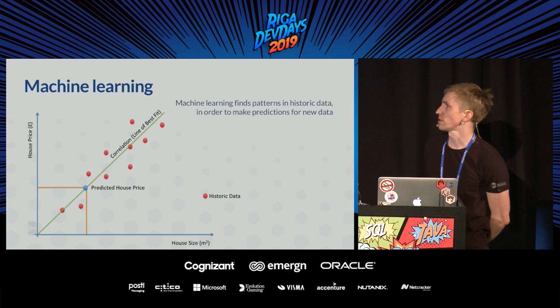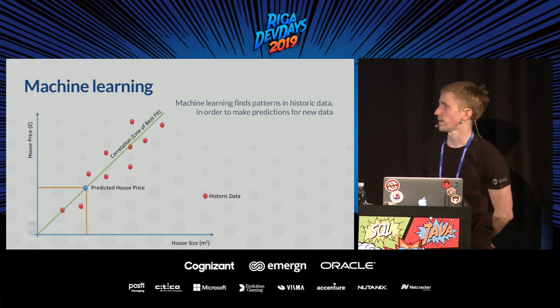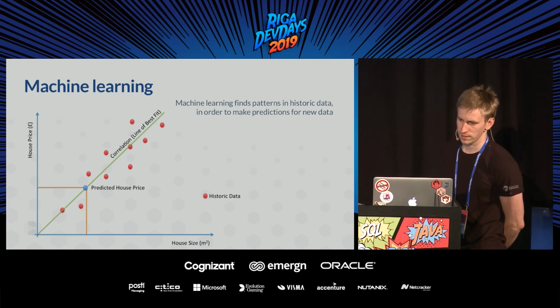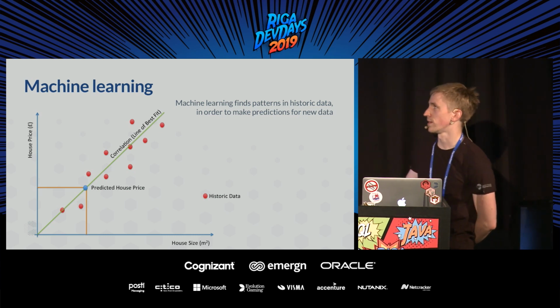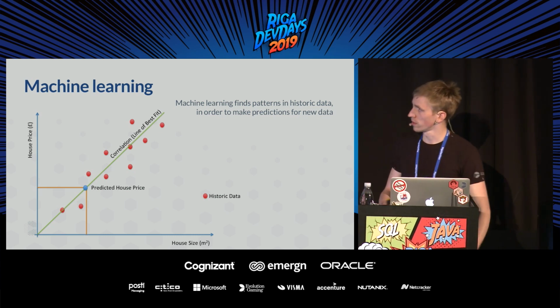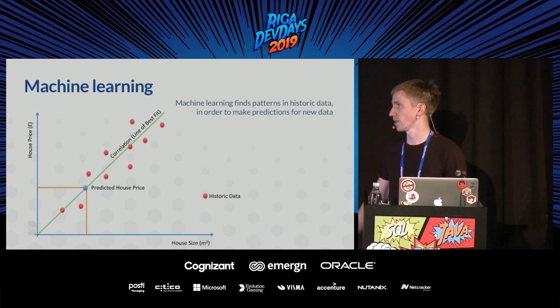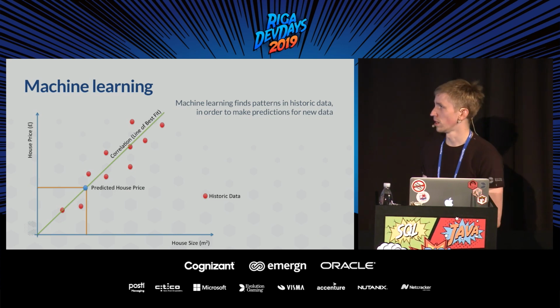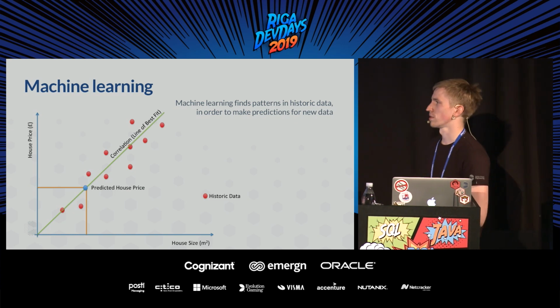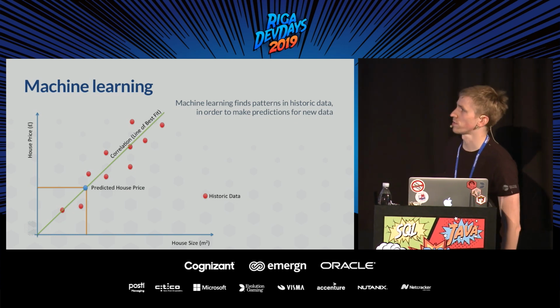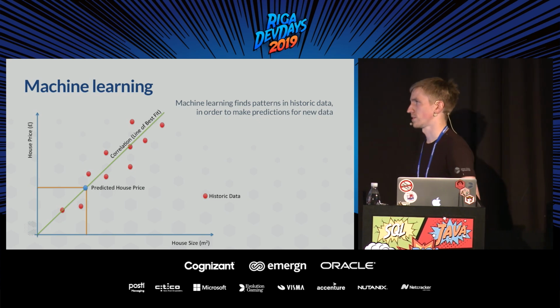For the rest, I will say shortly, machine learning tries to learn from the data that you have given to the algorithm and tries to make predictions for values that it has never seen before. A classic example is predicting house price from the house surface area.